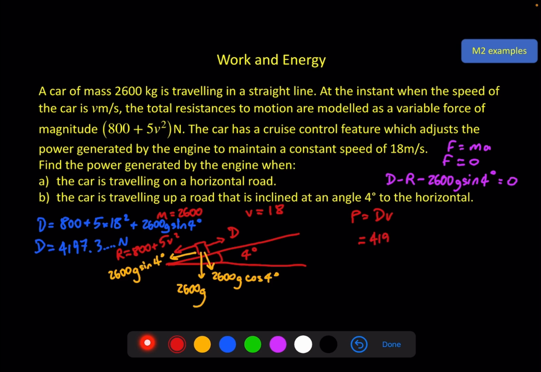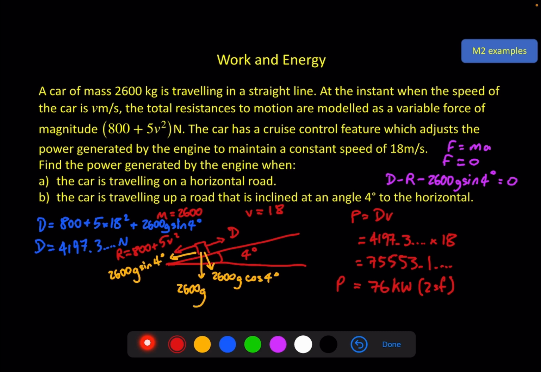So 4197.39... times 18 is the power of the engine, which is a significantly bigger number, 75553.1... So converting that into kilowatts, and we should do this to two significant figures. That's 76 kilowatts to two significant figures, which is much, much bigger.